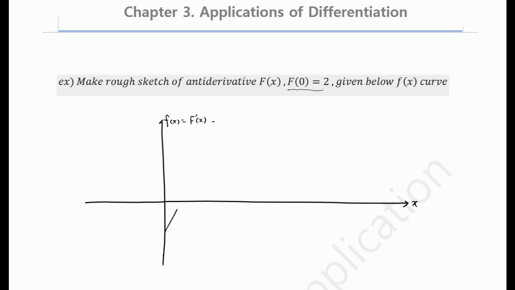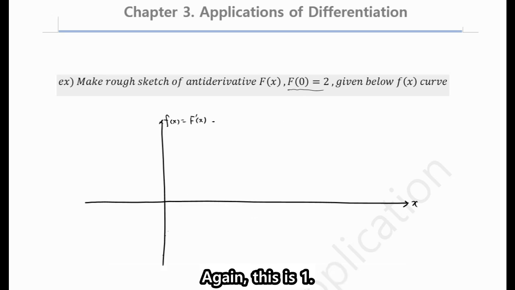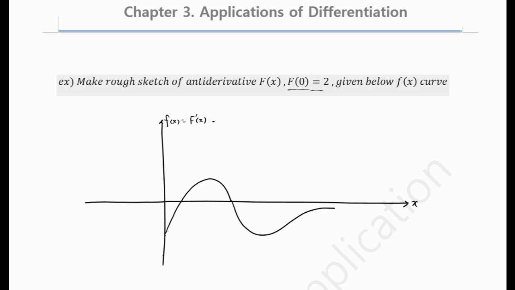Inflection point, this is 0 and we draw again. Yeah, this is 1. This is 0 and this is 1. This is 2, this is 3, this is 4, and this is 5.